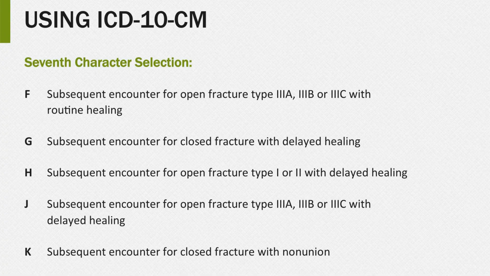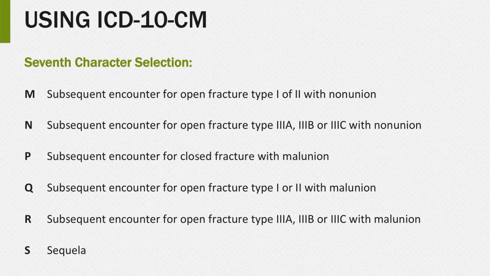The next 2 slides will complete the listing of 7th character extensions for many of the codes in the injury section. As you can see, there's a lot to choose from. So remember to work with your physicians and qualified healthcare professionals to make them aware of the additional documentation required to complete the code selection.